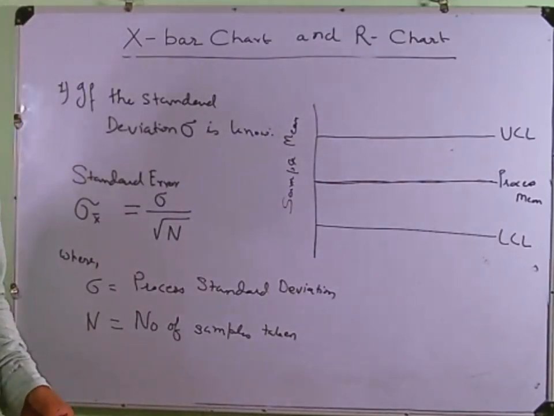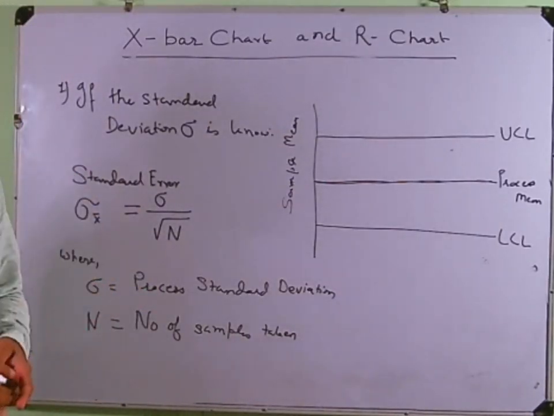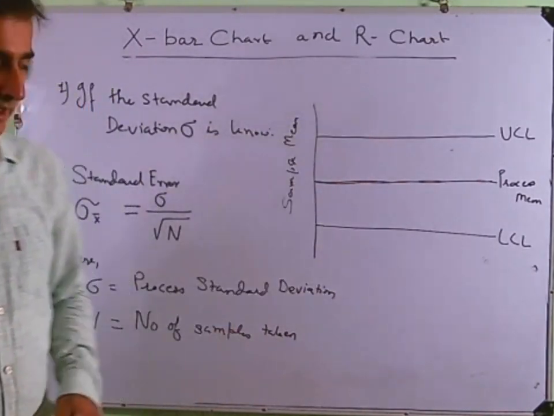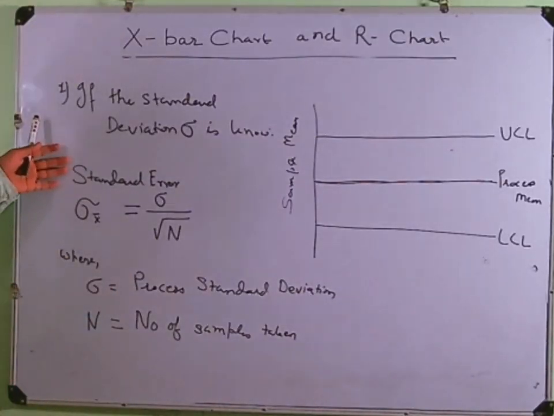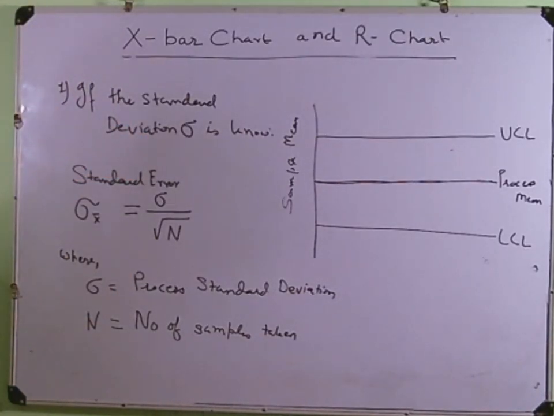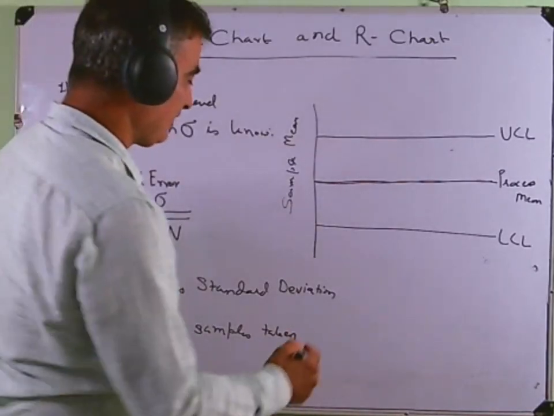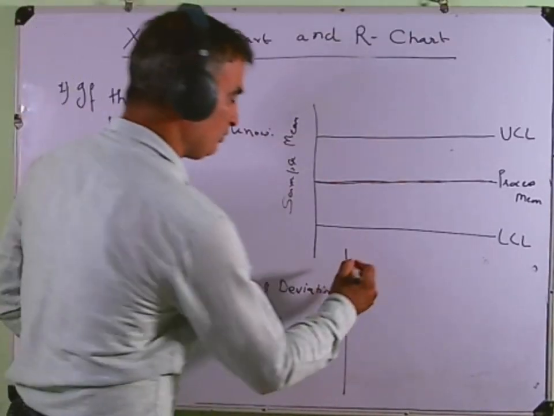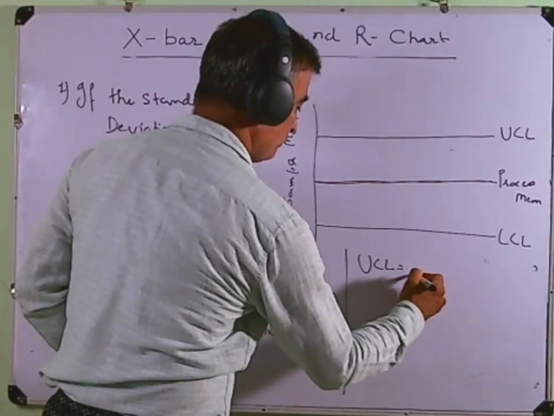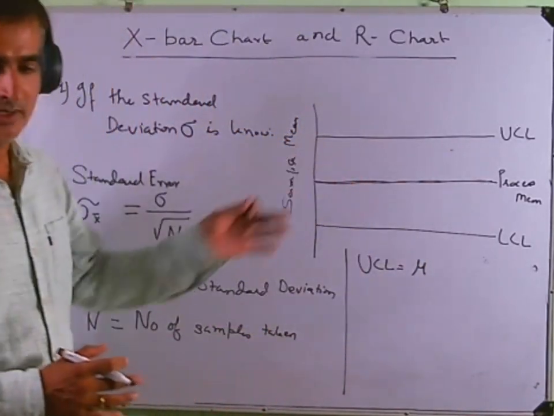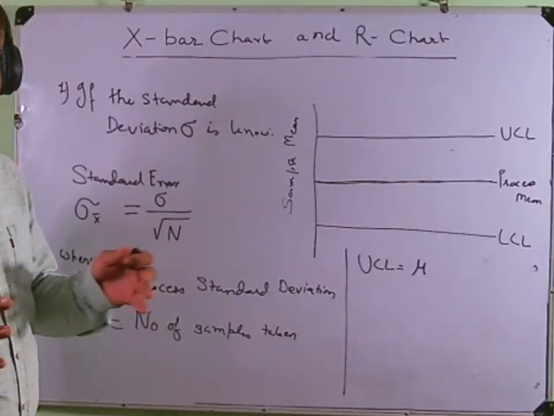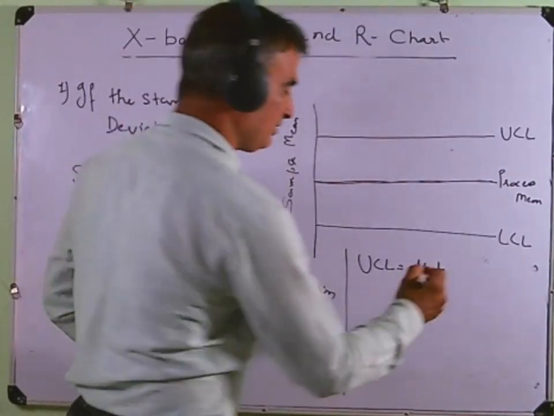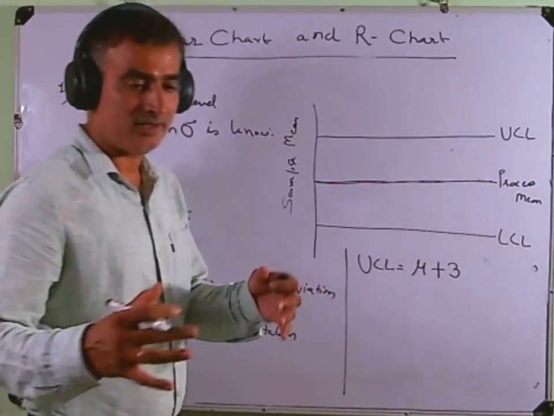Okay. So once the standard error is calculated, based on that you can find the upper control limit and lower control limit. Let me write down the formula. The formula for the upper control limit is UCL equals mu, where mu is the mean of the process, plus 3 standard deviations, or 3 standard errors as you call it.